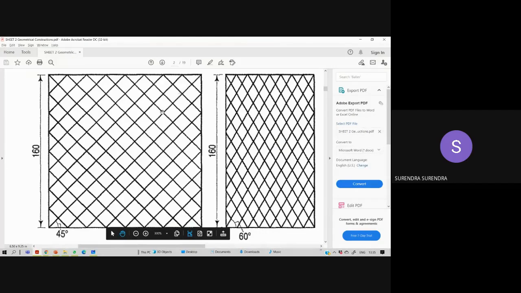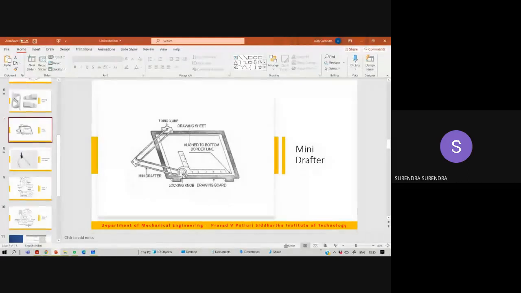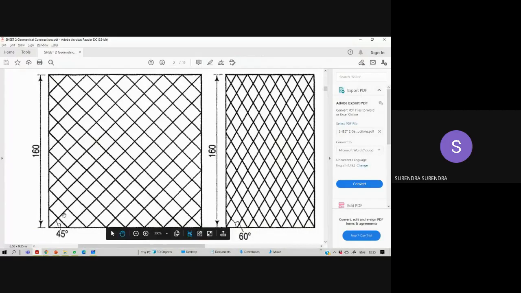No need of measuring, just simply rotate the scale matching the two opposite corners. Match the diagonal and again tighten the locking knob, and now the scale will be in 45 degrees inclination. So now if you move the scale parallel to this, you will get parallel lines to this 45 degree line.